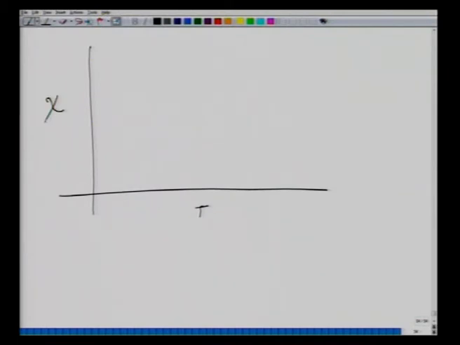If you plot susceptibility chi versus temperature, you have a transition temperature Tc, up to which chi is proportional to 1 by T. So chi will decrease as a function of temperature before it becomes completely 0. So this is how the expression is.